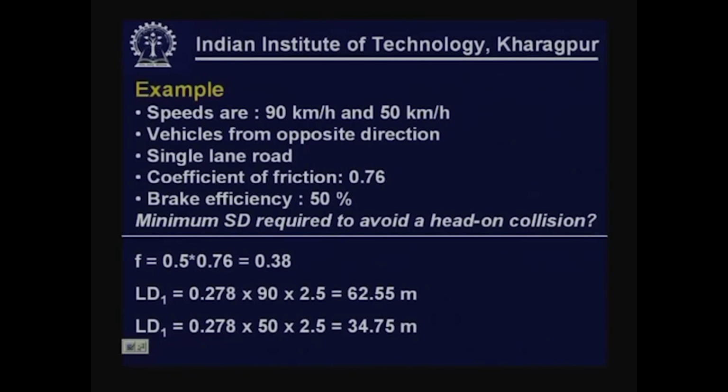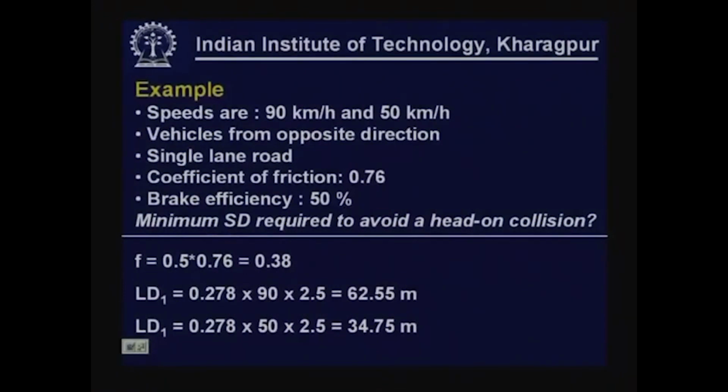Obviously, we have to calculate the SSD. Now, the effective coefficient of friction is only 0.5 of 0.76, because the brake efficiency is 50%. So, that is 0.38, that will be the design value for the coefficient of friction. Now, we can calculate the lag distance for the vehicle travelling at 90 kilometer per hour.